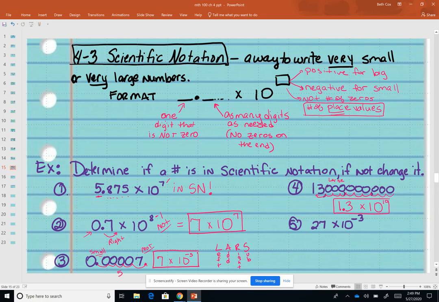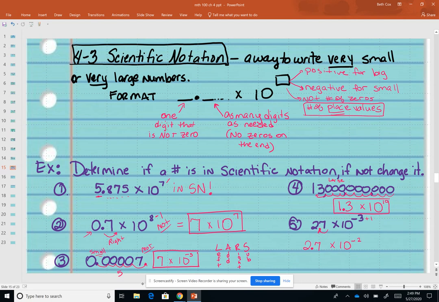Right. Now, this last one, it's a small number because it's a negative. Make sure you learn that. And so the decimal is here, we need to move the decimal to there, so that it says 2.7. So I moved to the left, so I need to add 1 right there.